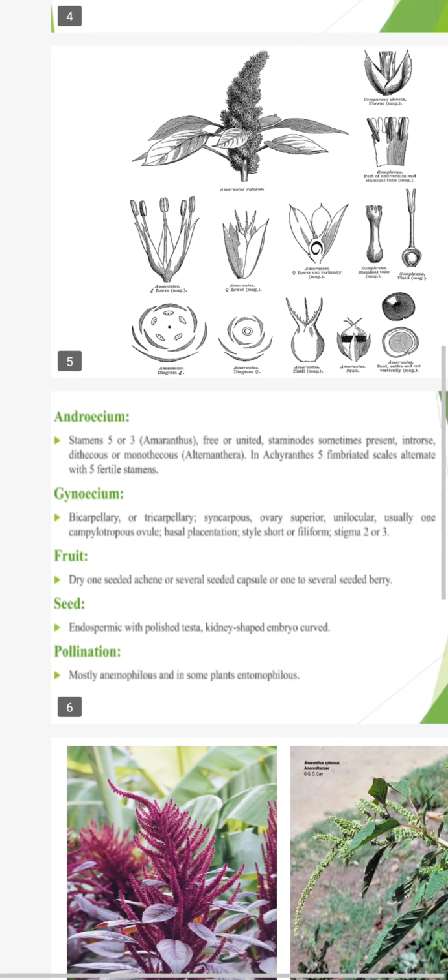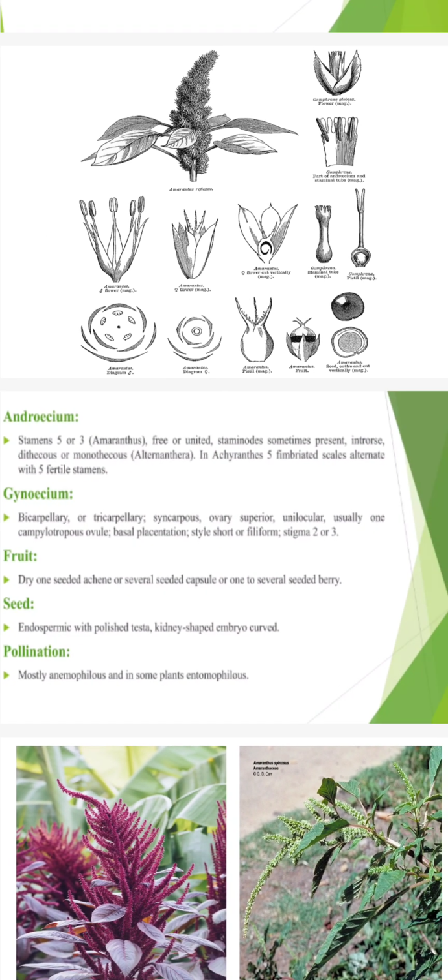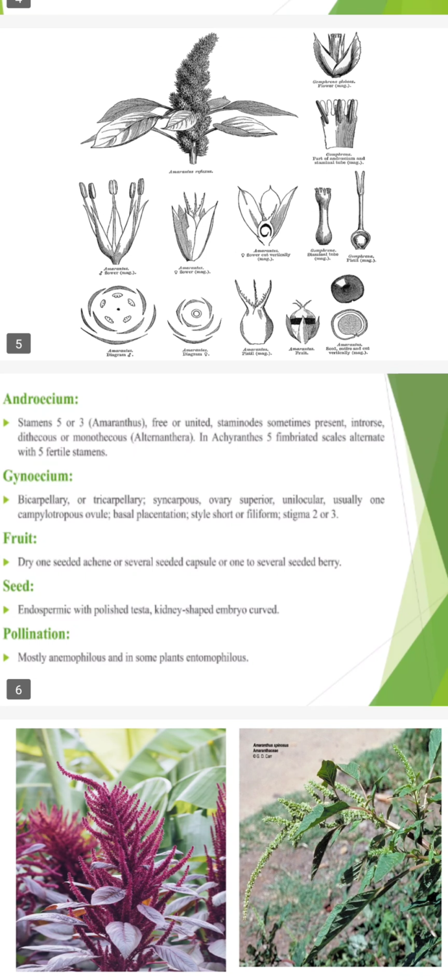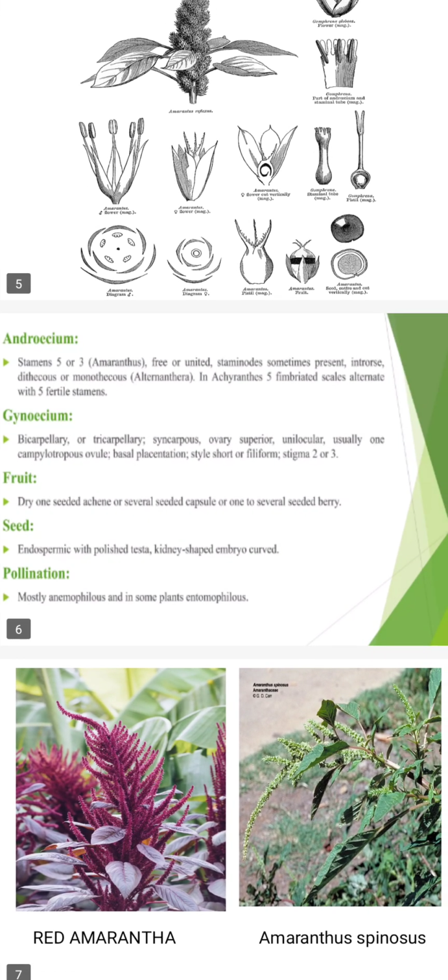Again, how is the fruit? Dry one-seeded achene or several-seeded capsule or 1 to several-seeded berry. So the fruit may be one-seeded, they may be two-seeded like a capsule, or they may be a several-seeded berry. Seeds are endospermic with a polished testa and a kidney-shaped, curved embryo.